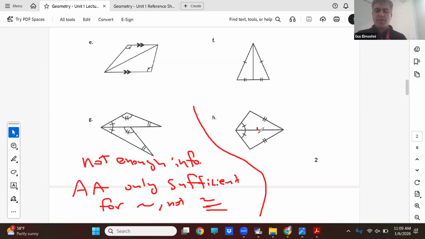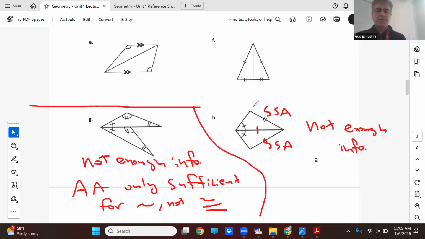Now we know this side's shared, but notice what's happening at SSA. SSA, you don't see any right angles here. So that's a no as well. That's also not okay. Wait, what about E? What about E?